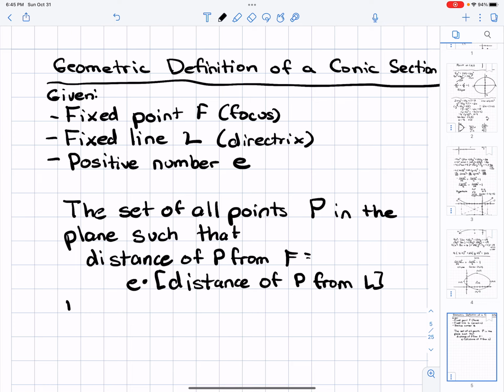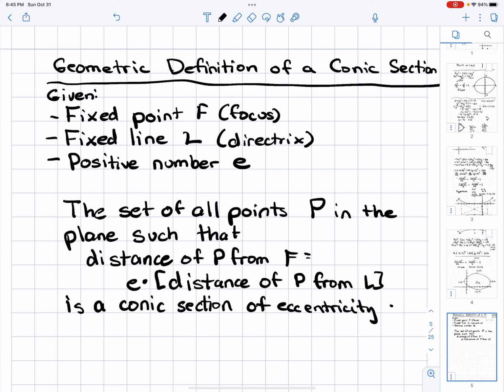Is a conic section of eccentricity E. So if you solve for E, the distance of P from F over the distance of P from L would be your eccentricity.